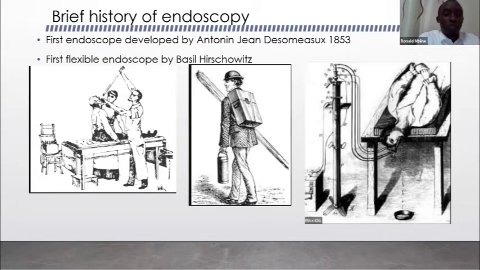The patient would have to straighten their neck, and the whole rigid scope would be inserted. Of course, you can imagine the trauma that was associated with this kind of procedure. In those days, if you were sick and they told you they were calling in a physician, and the physician came holding a long, rigid structure like you see in the middle picture, that's how you got to know that you were going to have an endoscopy.